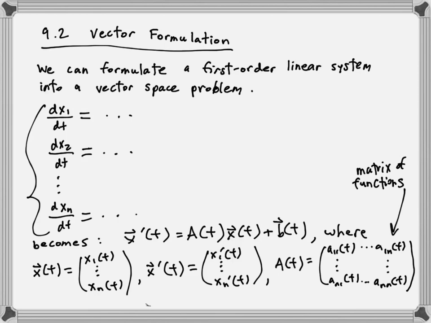Think of it as the coefficient matrix, right? And I should mention what b of t is as well. So b of t, let me just put this on the next line since we're out of space. And b of t is exactly b1 of t all the way to bn of t. Okay?